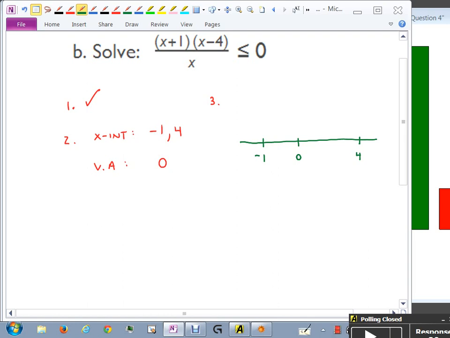Okay, so tell me which of these do I draw solid dots on? Negative 1 and 4. And that means it's 0, it's open. And that's because I have a vertical there. But really what's happening here is we're breaking up our number line into how many regions? 4 regions, which means we're going to need 4 test points.